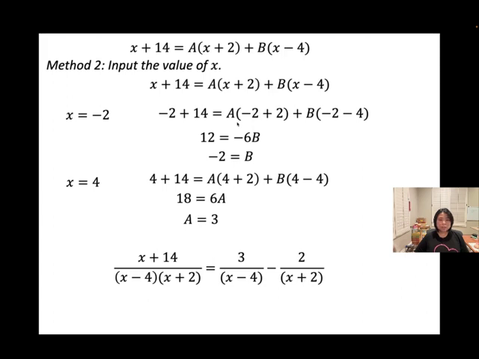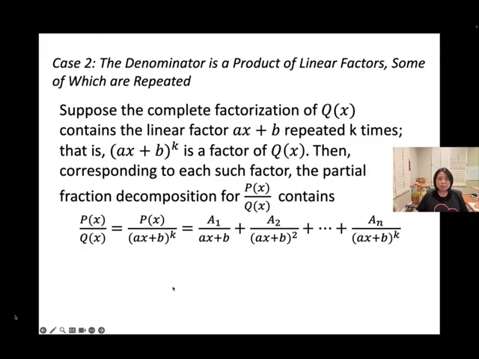Okay, so this is case 1, when your Q(x) has a linear factor. Case 2, the denominator is a product of linear factors, some of which are repeated. So your rational expression will be P(x) over Q(x).